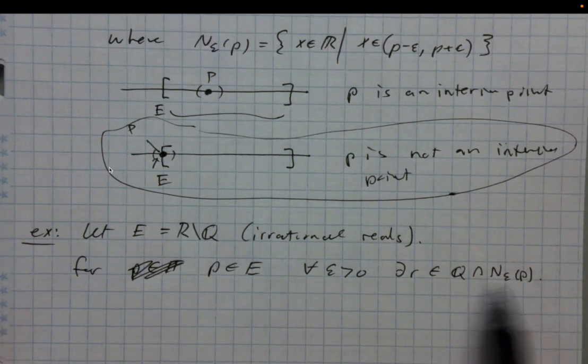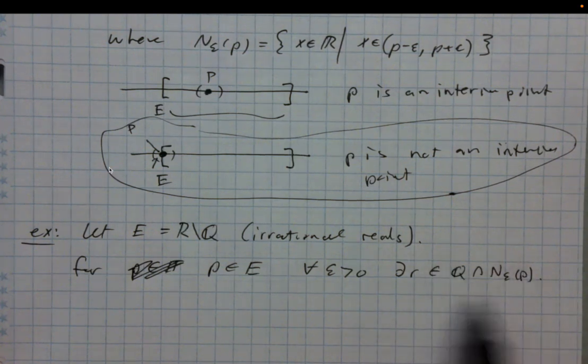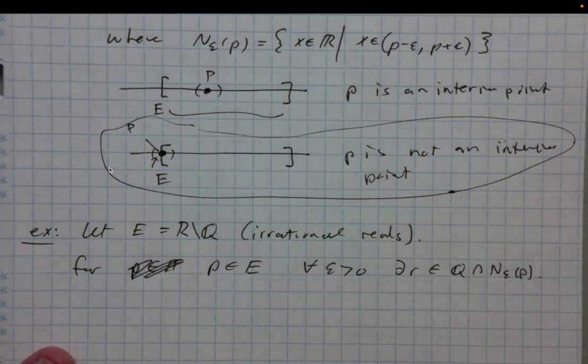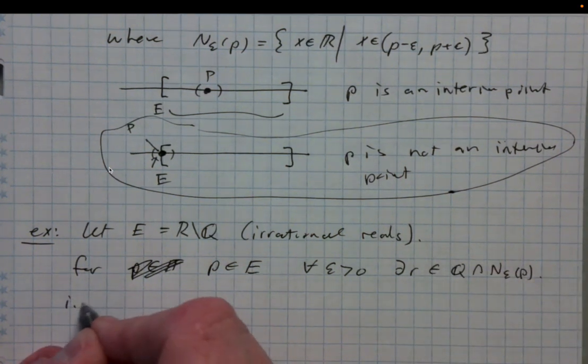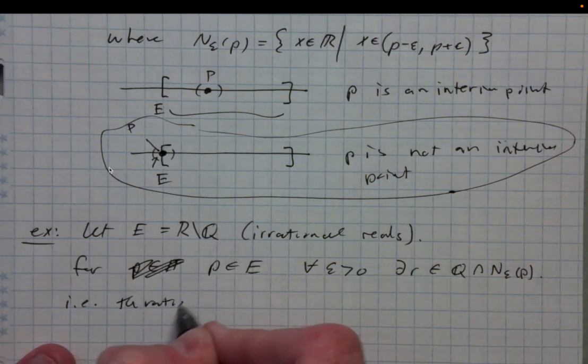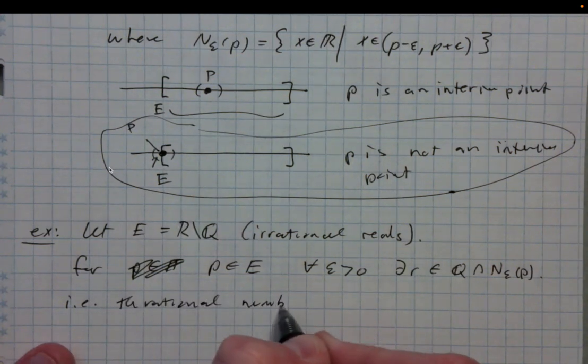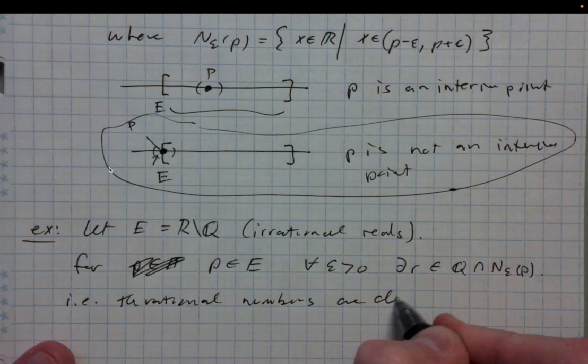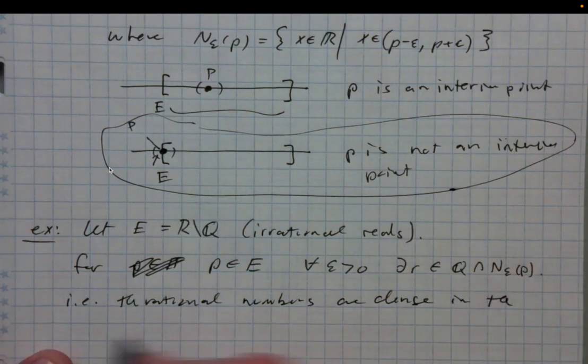This is just the statement that the rational numbers are dense in the reals. So, i.e., the rational numbers are dense in the real numbers.